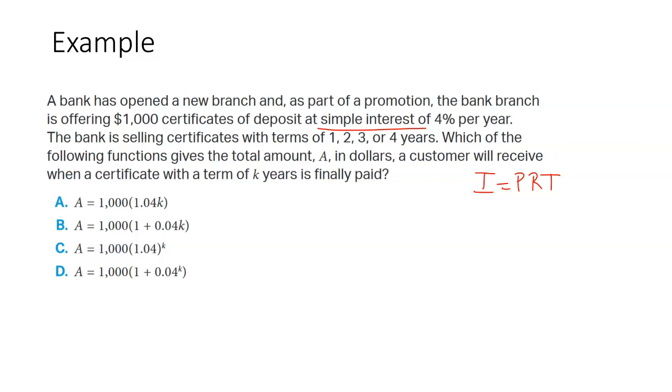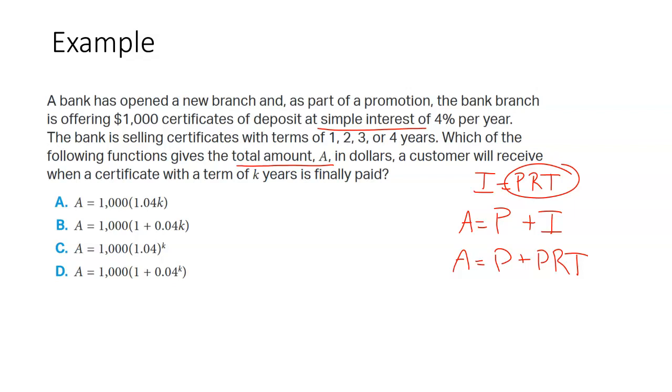But if I want to know the amount in the account, well, the principal that I put in there counts towards my balance, plus any interest that I earn. So when I substitute this, we get a formula that we see more often with simple interest. And that tells me how much money is in the account at any given time. The amount of money I invested plus all the interest I earned up until that point.